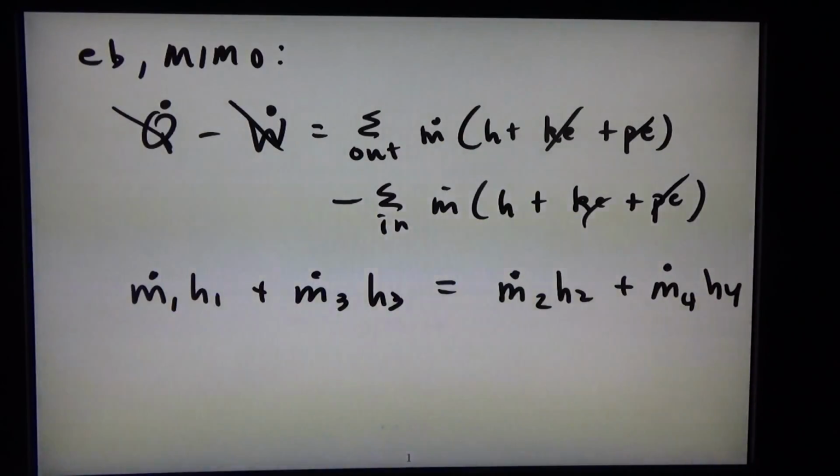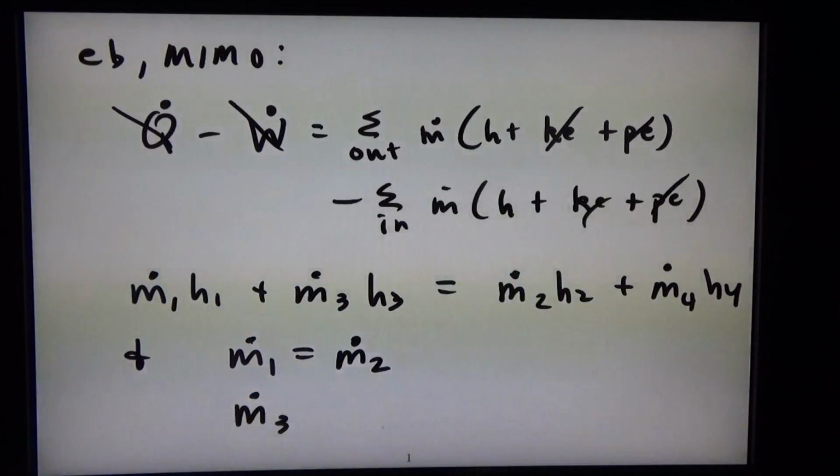And then we would do a similar process to what we've done before, where we look at the energy balance for the air and the energy balance for the water as the system, and combine some information. So we also know from the mass balance m dot 1 is equal to m dot 2, and m dot 3 is equal to m dot 4.